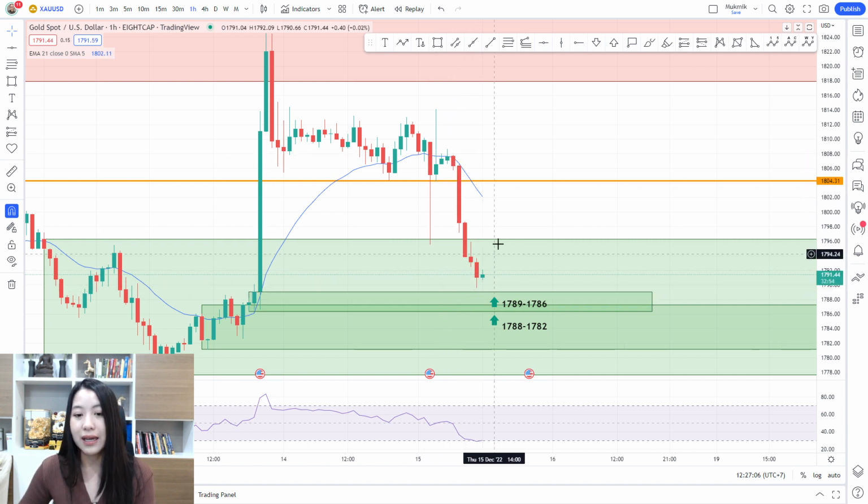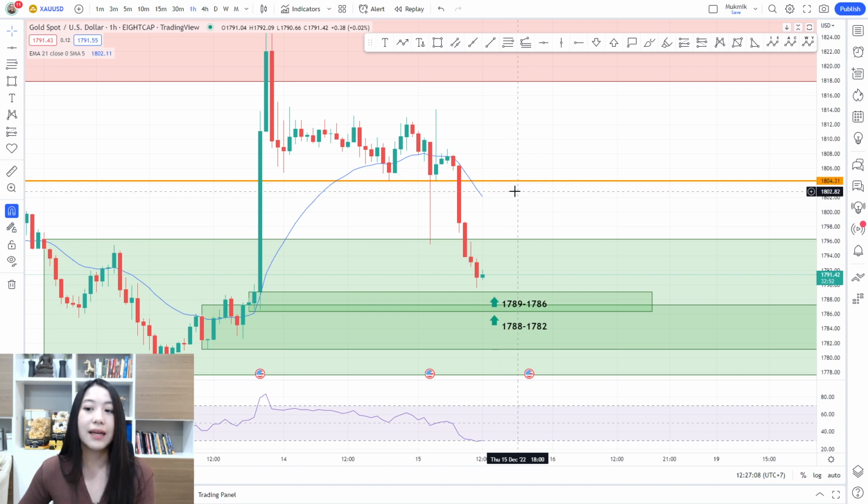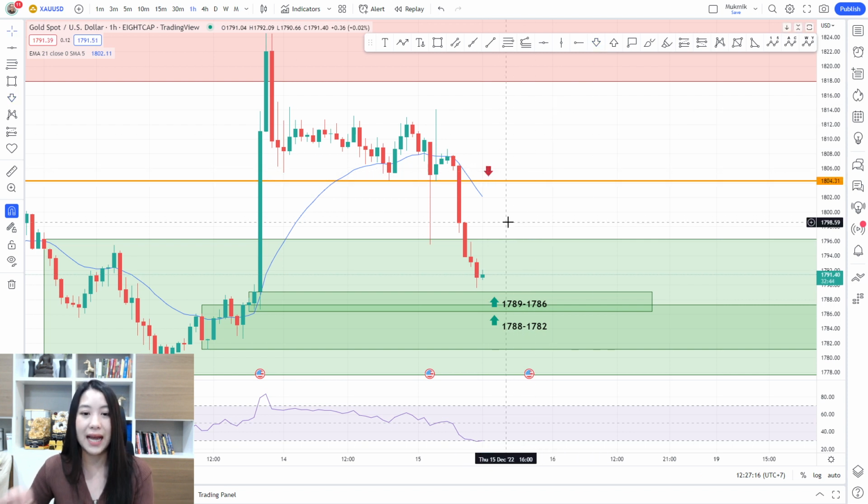So if the price bounces back up, 1804 would be a very interesting point to trade a sell, but that's just resistance. There's no zone there, so it's pretty risky. You need the confirming signals, either the classic divergence or the low twice for selling. So that's the plan for today.